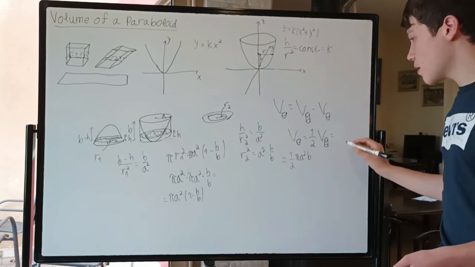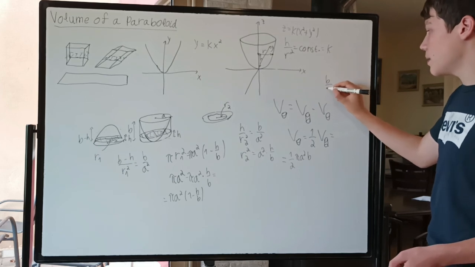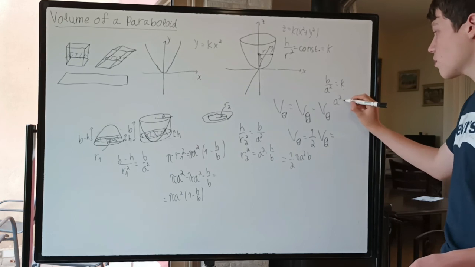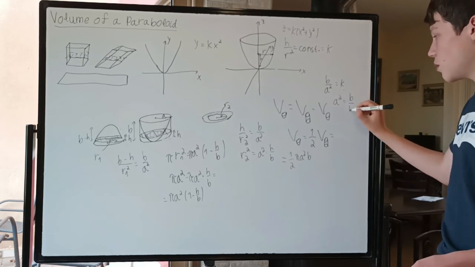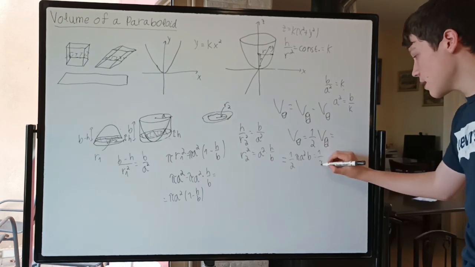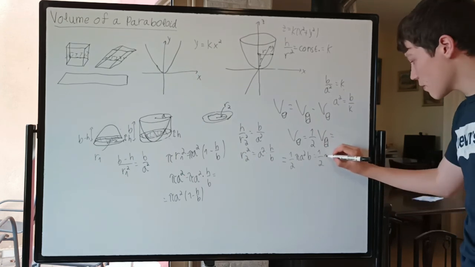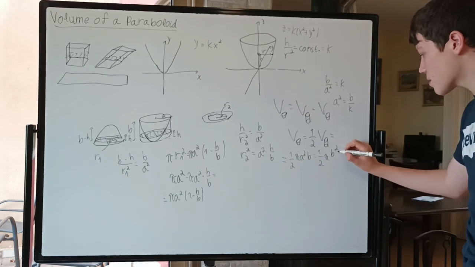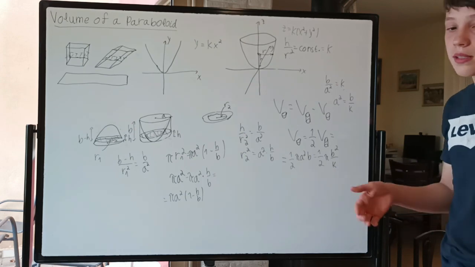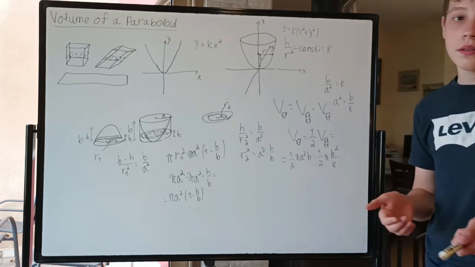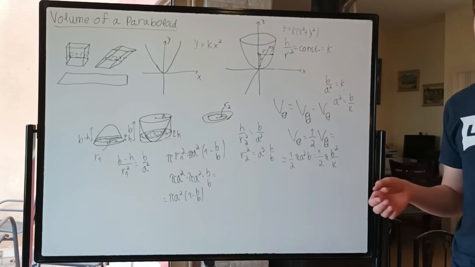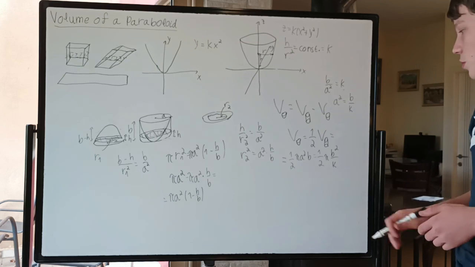So we know that b divided by a squared will be k. So in other words, a squared is equal to b over k. And then we can also substitute that in to get that this is half of pi b squared over k. So these are two ways to represent the volume of the paraboloid, depending on which one is better in that situation.